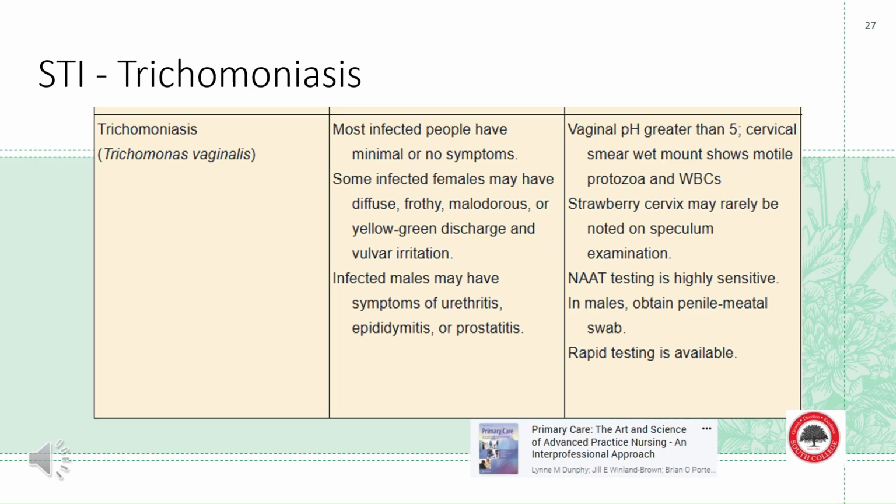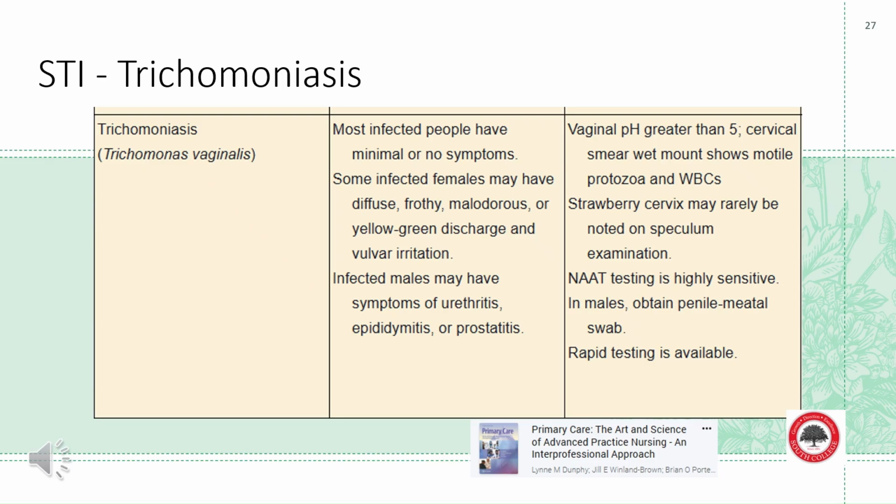Annual screening might be considered for persons receiving care in high prevalence settings, such as STD clinics and correctional facilities, and for asymptomatic women at high risk for infection, such as multiple sex partners, transactional sex, drug abuse, history of STIs, or incarceration. However, data is lacking regarding whether screening is effective in preventing disease.